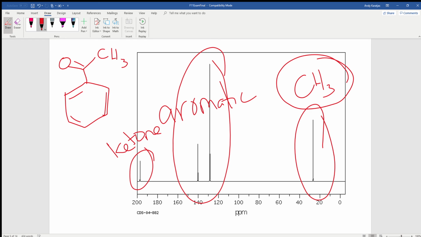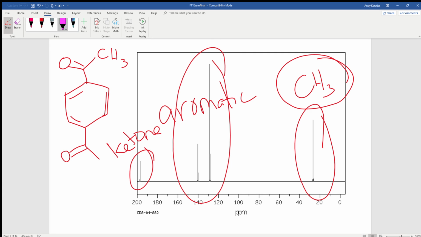We've also accounted for 5 of our degrees of unsaturation. And while it appears we may have a number of other options, we've said repeatedly, based on the proton NMR as well as the carbon NMR, that we know this molecule is highly symmetric. So our best option right now is to put another methyl ketone exactly opposite on the aromatic ring.